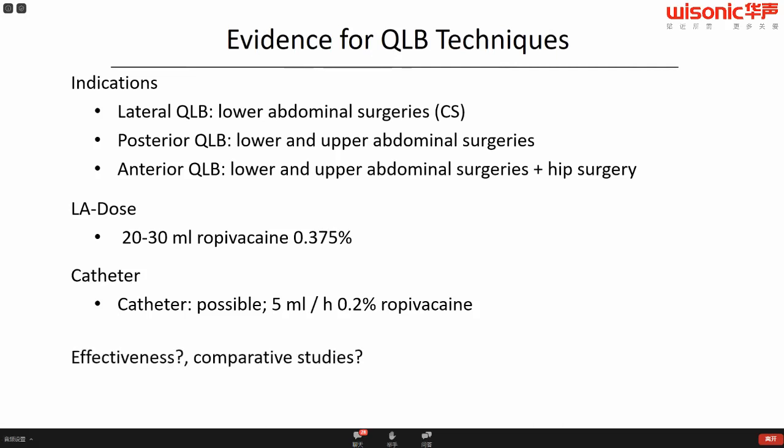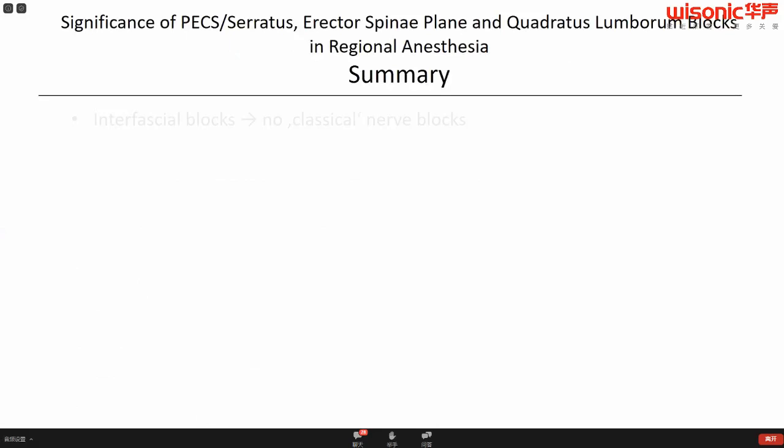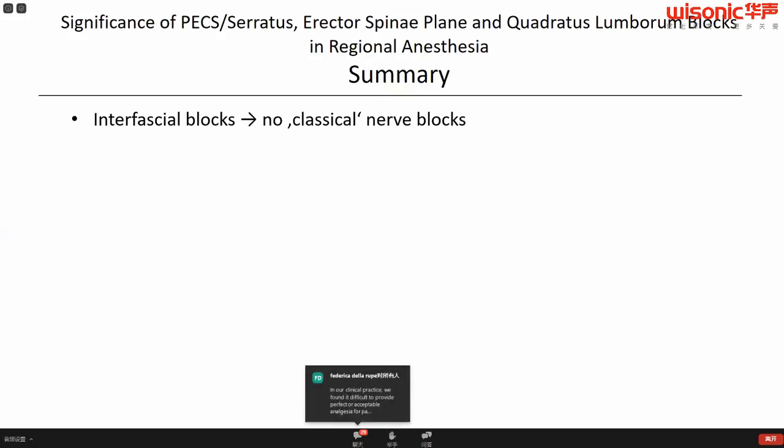What is the effectiveness? Comparative studies are lacking. What are the risks and what are the complications? We don't know exactly. Let me summarize the significance of pec, serratus, erector spinae plane or quadratus lumborum blocks in regional anesthesia. First of all, these blocks are interfascial blocks. That means these are not classical nerve blocks.